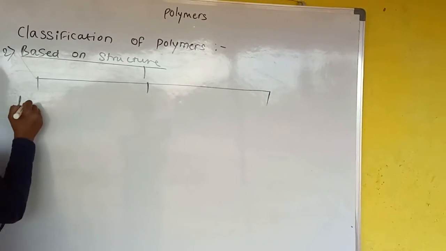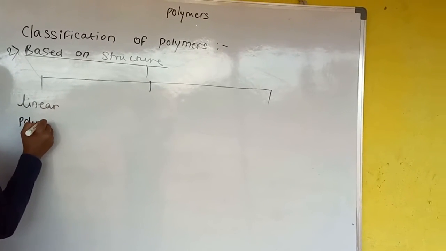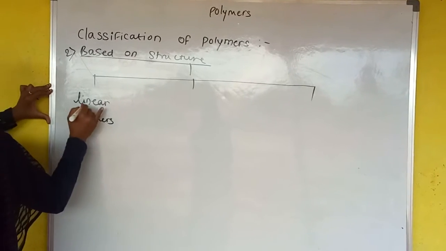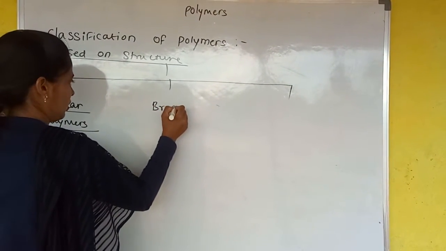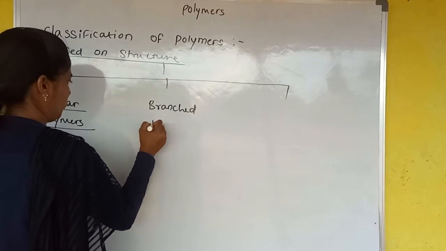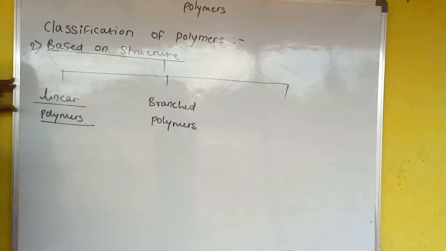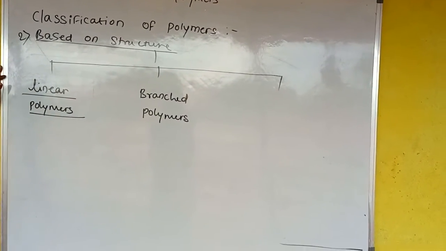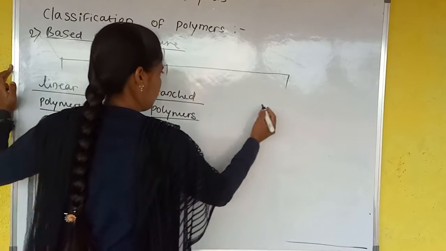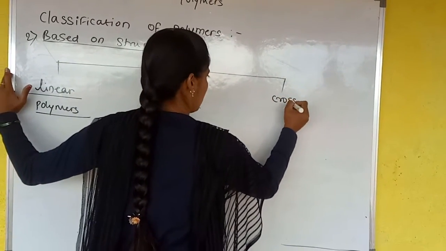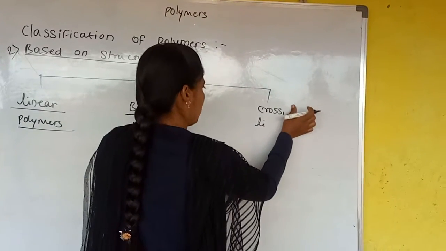One is linear polymer, second one is branched polymers, and third one is cross-linked polymer.